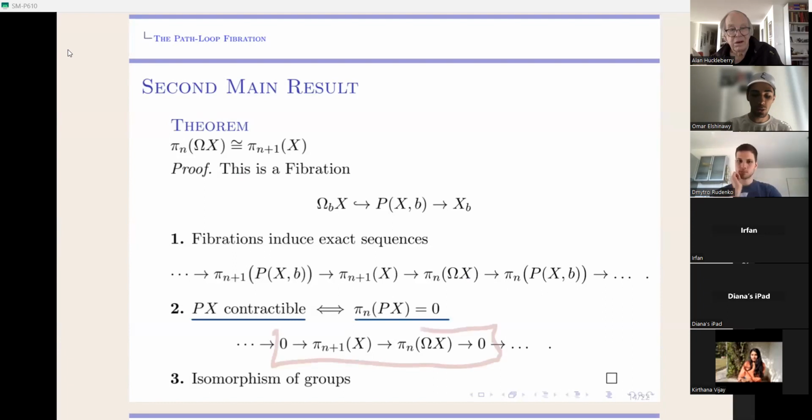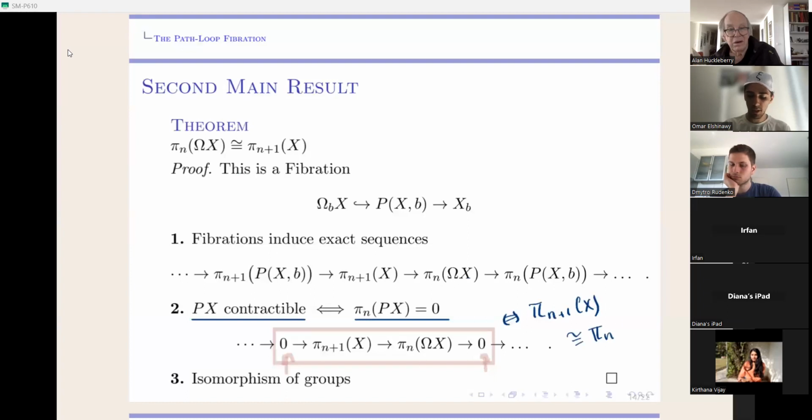You get the OGU again. And so zeros on the right and zeros on the left, and two groups in the middle within an exact sequence. So it must follow that pi n plus 1 of x is isomorphic to pi n of the loop space.